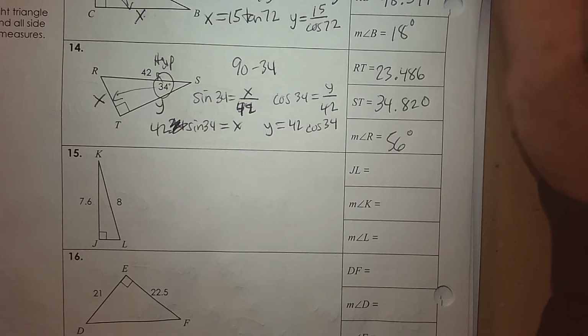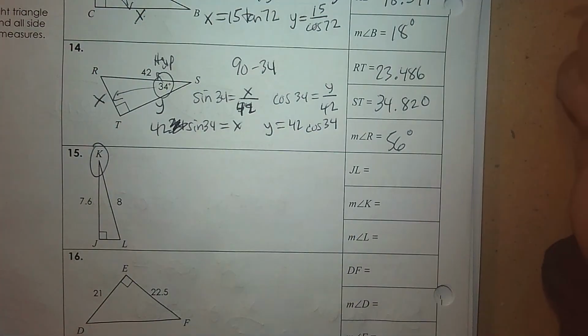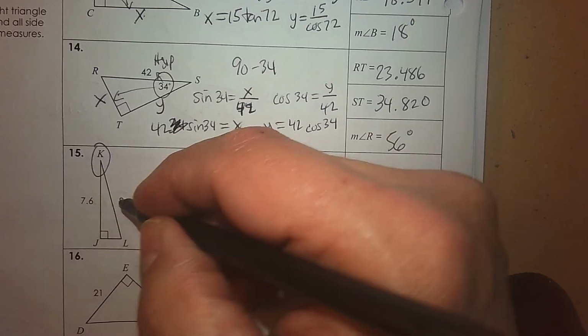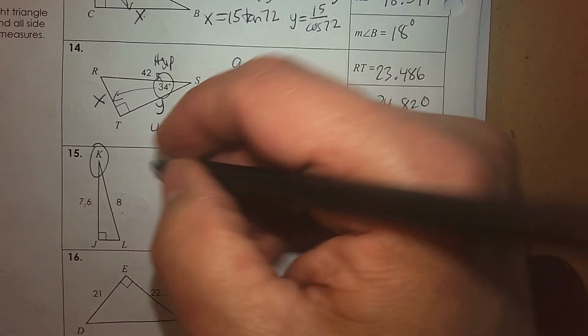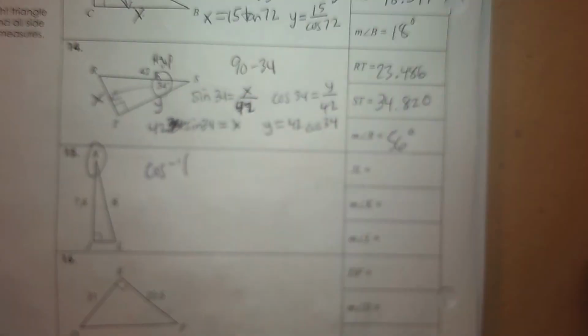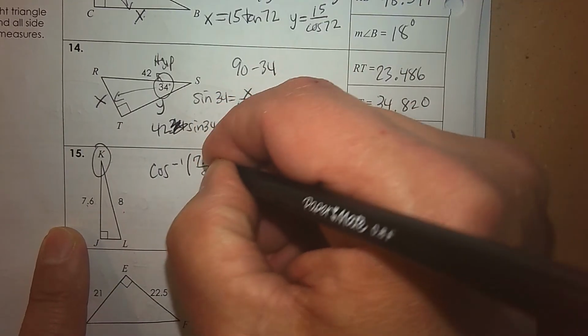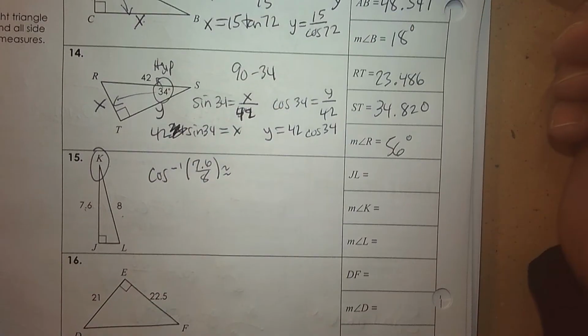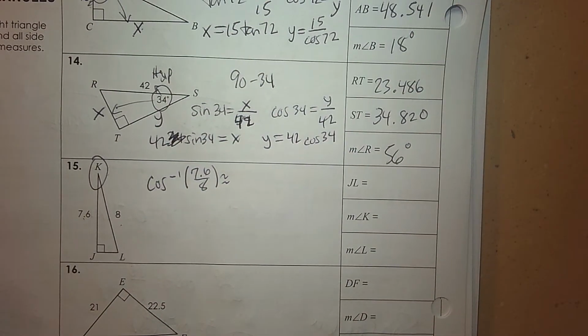No. So, if I want to find angle K in one step with trigonometry, I can do it. I need to know what sides these are. For K, that's adjacent and hypotenuse. If I want to find K, it's the inverse of which trig ratio? And then it's 7.6 over 8. So inverse cosine, 7.6 over 8.